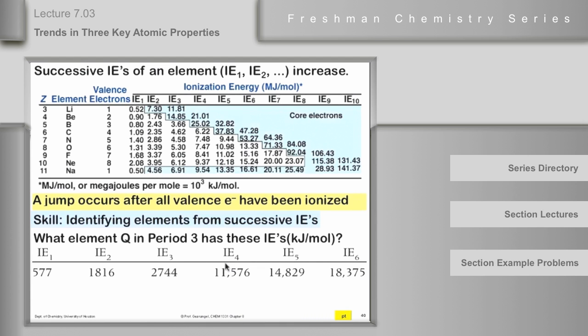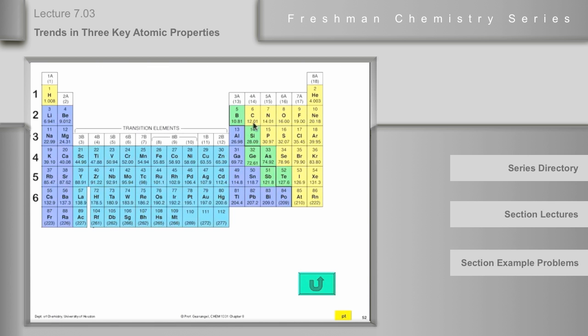IE4 is 11,576. How many valence electrons does Q have? 3. So if it's in period 3, here's period 3, sodium, magnesium, aluminum, 3 valence electrons. Who is Q? It's aluminum, isn't it? It has 3 valence electrons, and the 4th one is a core electron.